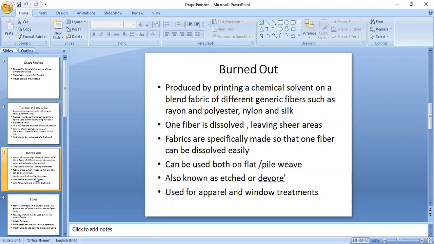The fabrics are intentionally made in a blend so that one fiber is more sensitive, so it can be burned out later during the finishing process of burned out.